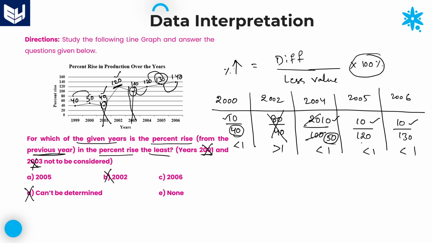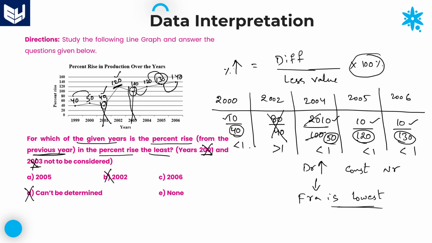If the denominator value is highest with a constant numerator, then that particular fraction is lowest.